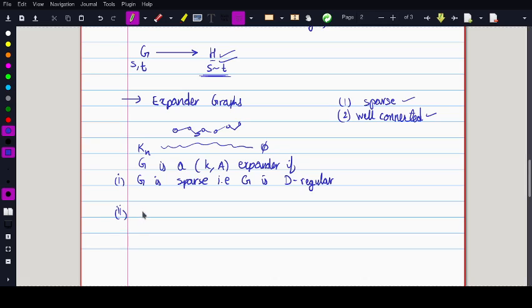So that's what we mean by sparseness, that it's d-regular where d is some small number. And next we want well connectedness, and this is formally defined as follows.